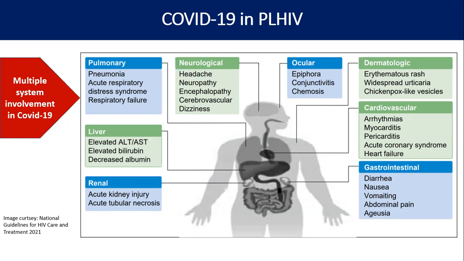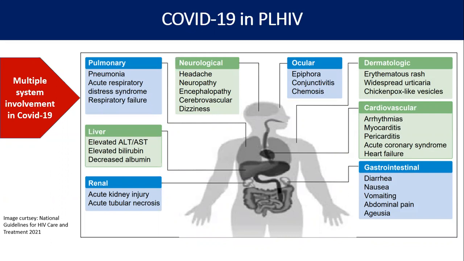Renal: it can give rise to acute kidney injury or acute tubular necrosis. In the liver, it can give rise to increased AST, ALT, and increased bilirubin, decreased albumin. Pulmonary manifestations are pneumonia, acute respiratory distress syndrome, respiratory failure. Neurological symptoms are headache, neuropathy, encephalopathy, cerebrovascular dizziness.